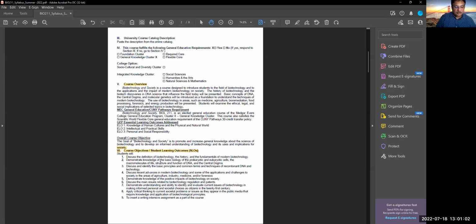SLO number 4, discuss the recent advances in modern biotechnology and some of the applications and challenges. As I mentioned to you, there will be new challenges as the human population is increasing, but the technology is in the hands of humans and scientists, who will strive for a better technology.